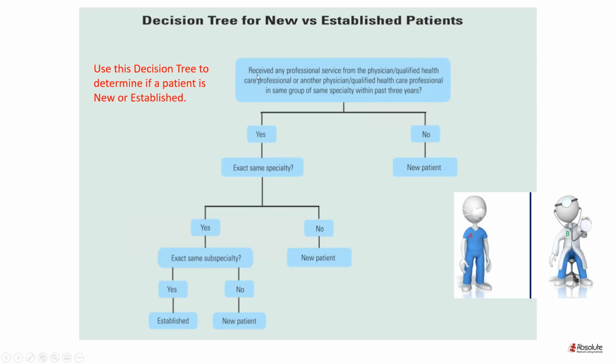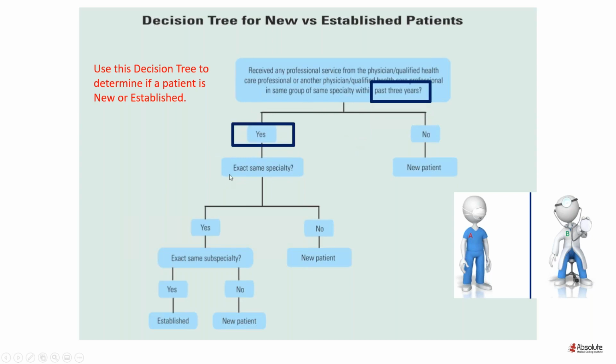It says, the patient has received any professional service from the physician or qualified healthcare professional or another physician or qualified healthcare professional in the same group of same specialty within the past 3 years. So essentially, has this patient been seen? And we're going to say yes.